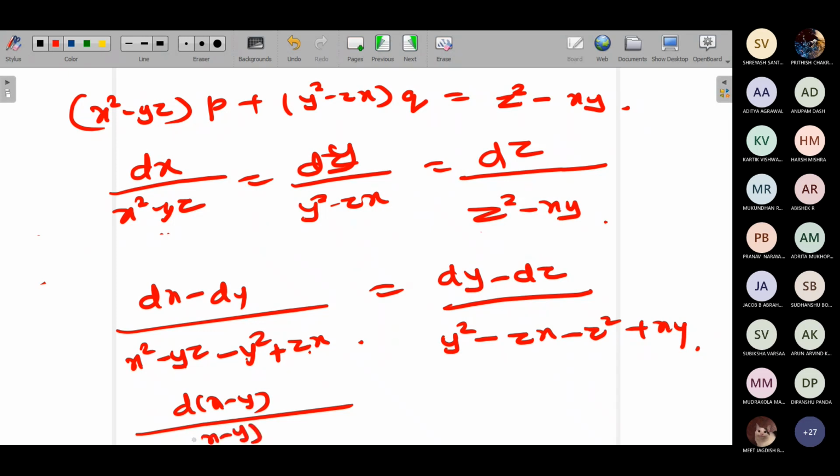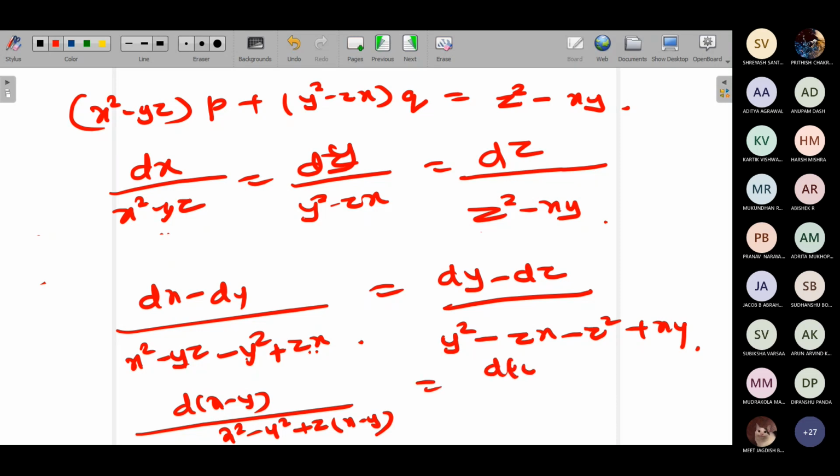You can take x square minus y square together, and then you can take z common from yz and zx. x square minus y square I can take as one term. Then I have yz minus this one, so I can write it as plus z into x minus y.